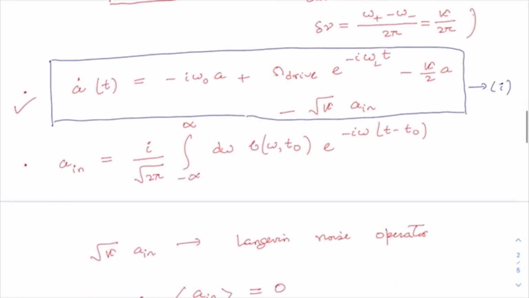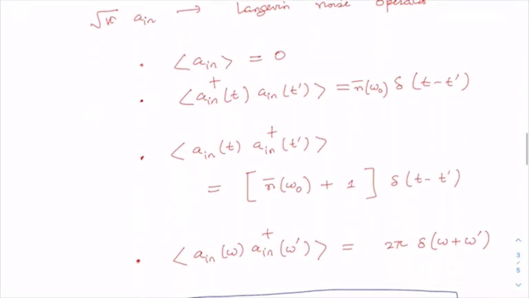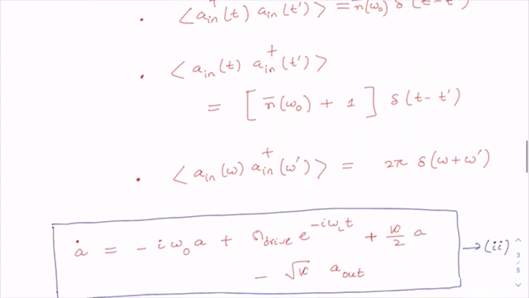We got the Heisenberg equation for the optical mode, where A in refers to the input quantum noise injected into the cavity, and this is a Langevin noise because it satisfies the characteristics of quantum Langevin noise, and we got a couple of very useful relations.